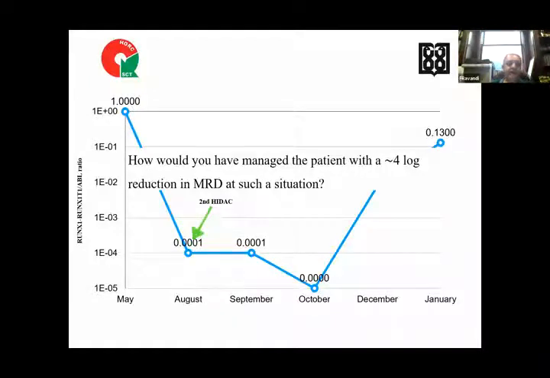So I don't know if you have gemtuzumab available in Tehran, but I highly recommend using gemtuzumab for your induction.